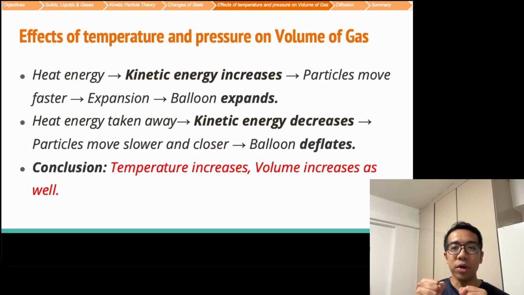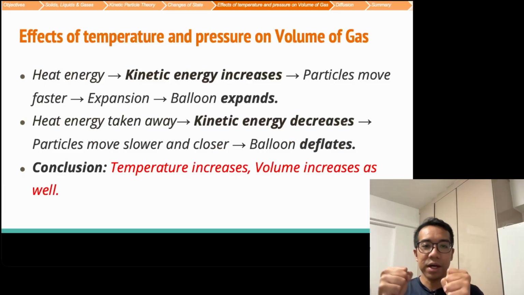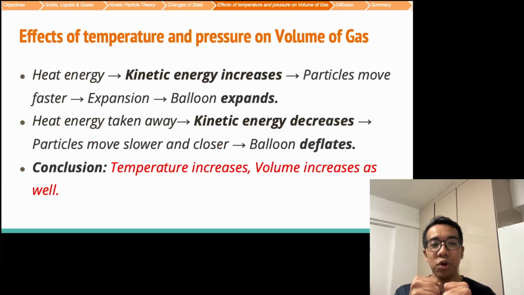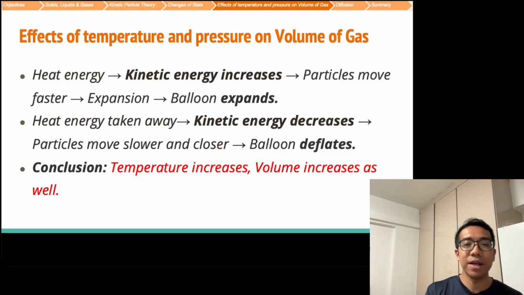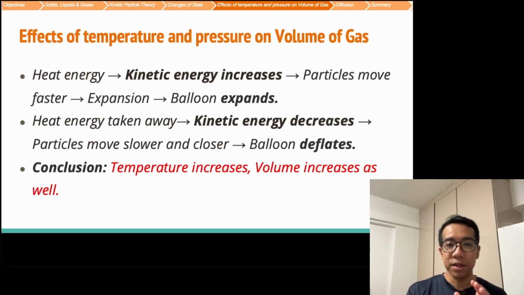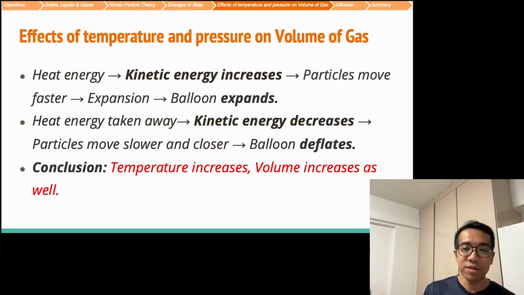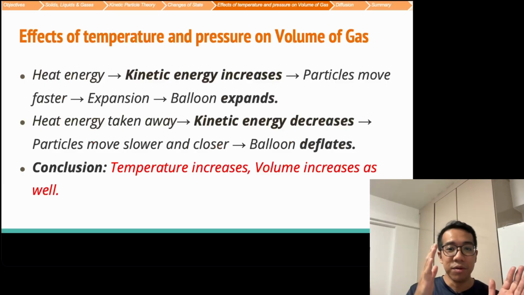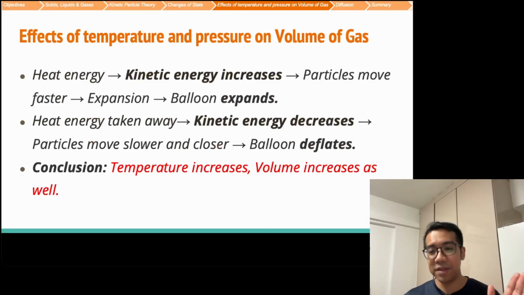The particles are slowing down, so once they slow down, they do not hit the sides of the container as much as, let's say, when compared to the particles when they are heated inside the balloon. So in summary, when the temperature increases, the volume will increase as well. Again, when the temperature decreases, the volume will decrease as well.